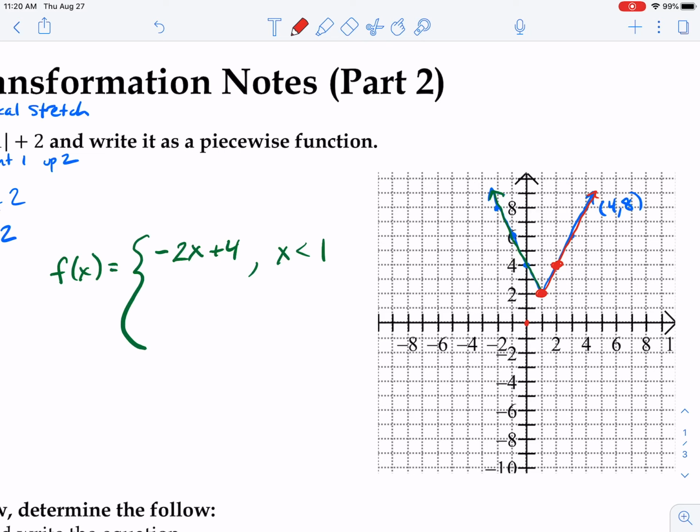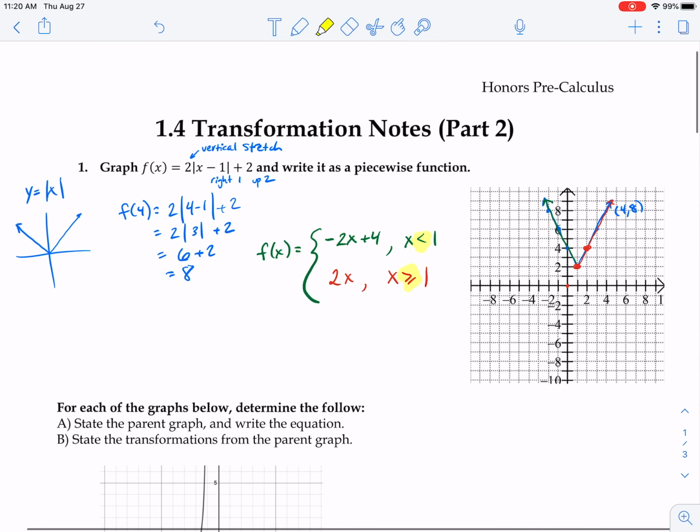And so this is just the line 2x, and that happens when x is greater than or equal to 1. You could make one of them less than or equal to and the other one greater than. It doesn't matter; that would be fine either way that you write it.